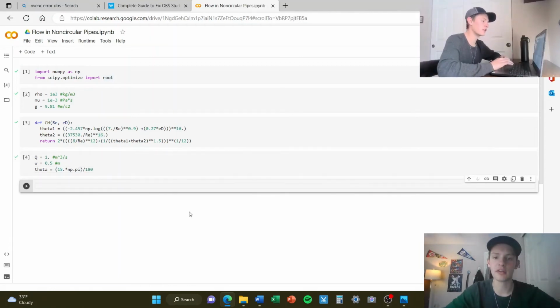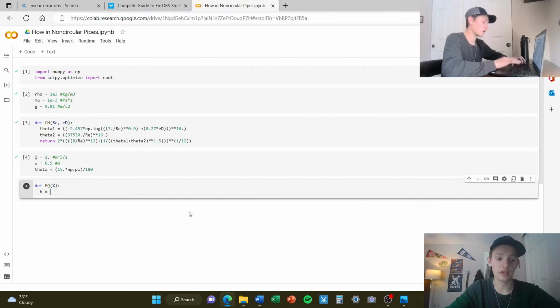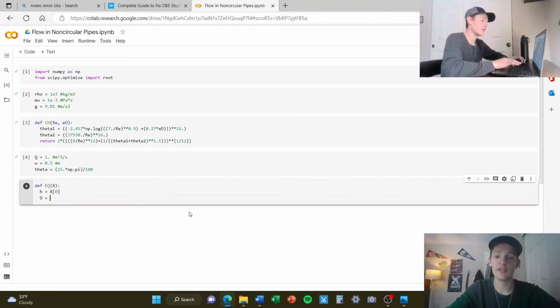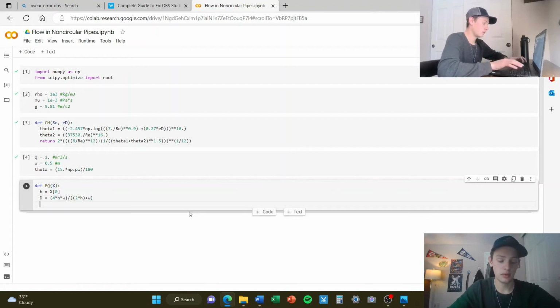Now we're ready to define our function. This function will take in a vector of unknowns. The unknown we are solving for is the fluid level in the rectangular channel. So we extract the first element. Then we define the effective diameter for the rectangular channel. The Reynolds number is rho Vd over mu, where the velocity v is the quotient of the volumetric flow rate and the cross-sectional area.